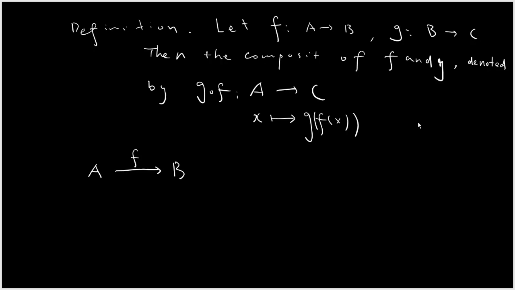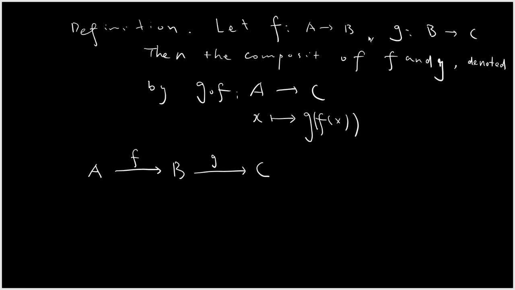And you also have a map G from B to C. They're connected. You have a chain. For the people who are in calculus, that's why we call it chain rule, right? G is a map from B to C.